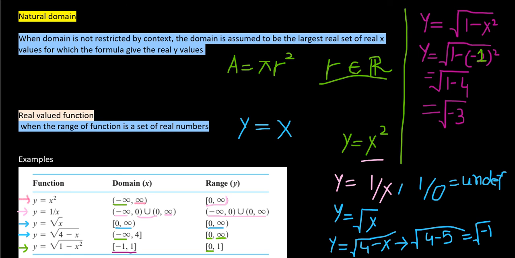Let me raise it so that you can understand it. And if we put 0 over here, we get the value of the range, that is 1. So in this way, we have done 5 examples of functions and that describes our domain and range.